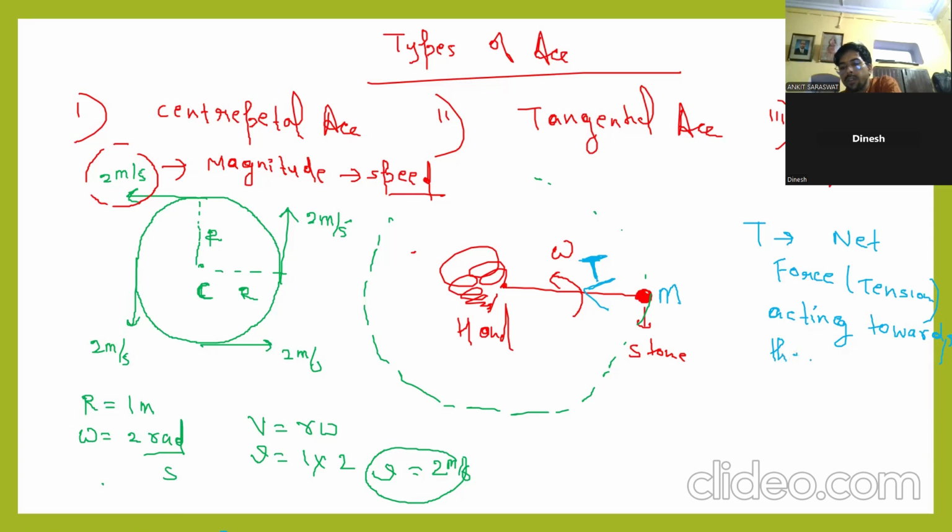Because of this centripetal acceleration, this particle is changing its direction. This particle is going like this, left, down, right, up. So the direction is going to change because of this centripetal force. So if you want to write, what is centripetal force?